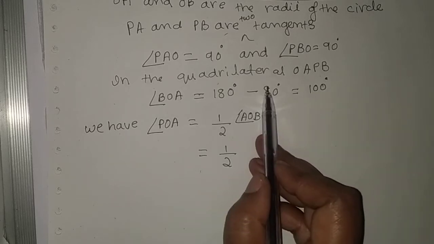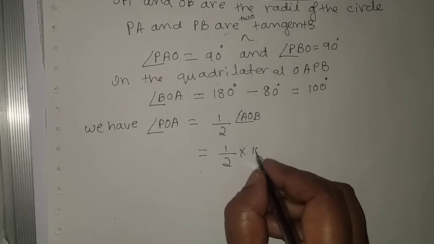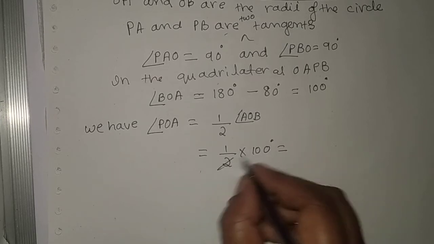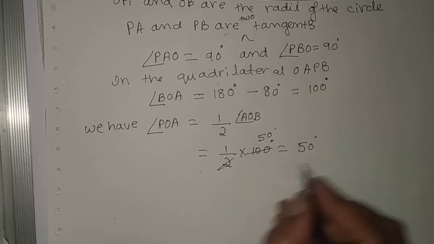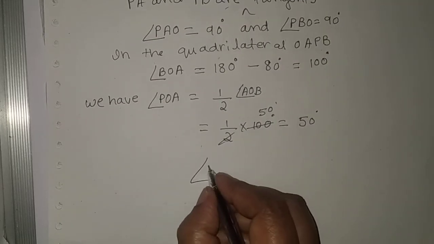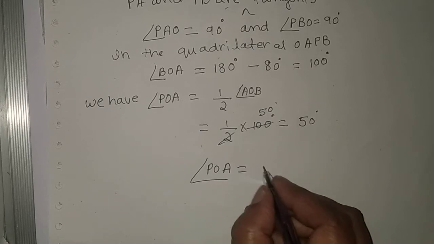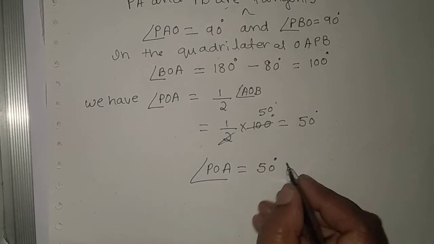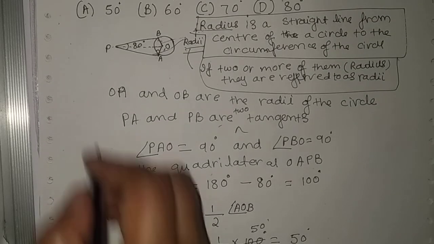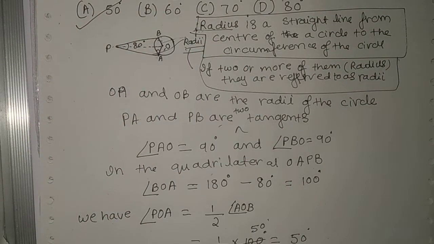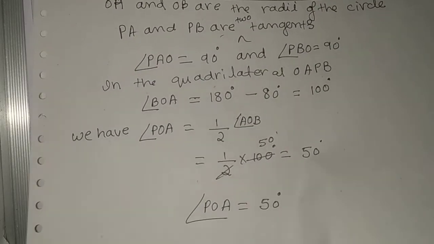So half into 100, we are getting 50 degrees. Finally we write POA, we have to find out as in the question, is equal to 50 degrees. So this is how to find out. So option A is the correct answer. Mark the option A, which is the 50 degrees.